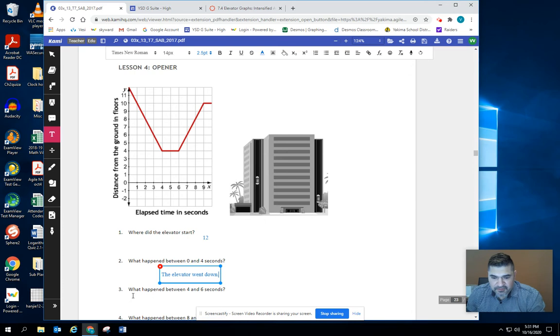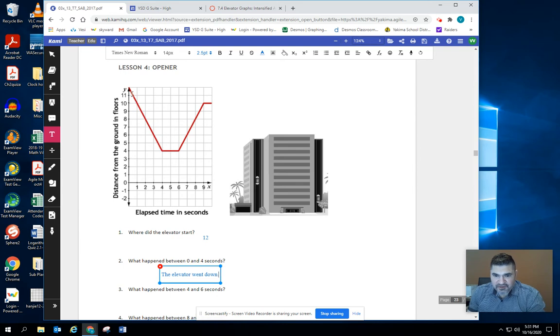Okay, number 3, what happened between 4 and 6 seconds? So here's 4 and 6. At 4 seconds, we're here, 5 seconds, 6 seconds. Got a horizontal line here. And this whole time, these 2 seconds, we're on floor 4.